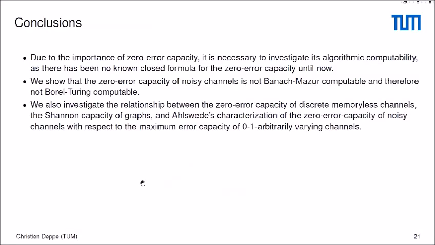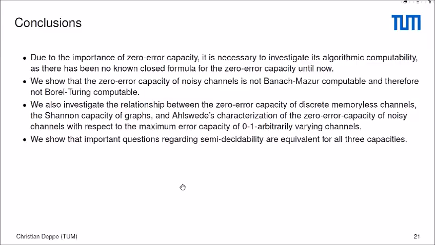We also investigate the relationship between the zero error capacity of the discrete memoryless channel, the channel capacity of graphs, and Ahlswede's characterization of the zero error capacity of noisy channels with respect to the maximum error capacity of 0-1 arbitrarily varying channels. We show that the important questions regarding semi-decidability are equivalent for all these three capacities.